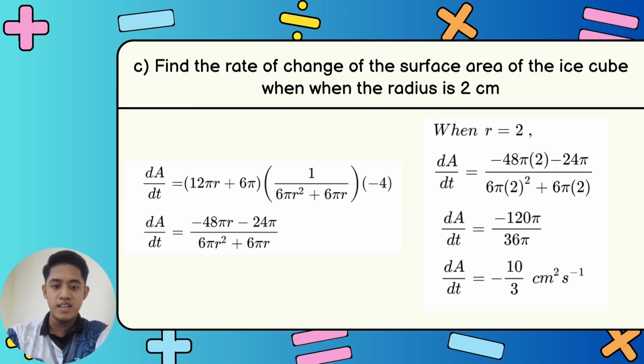Last step for this question is we substitute r, which is 2, into dA/dt, and get negative 120π over 36π. So, the rate of change of the surface area of the ice is negative 10/3 square centimeters per second.